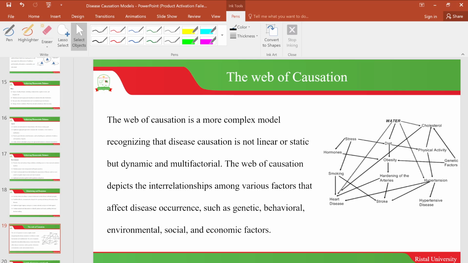Okay, the web of causation recognizes that the cause of a particular disease is not linear. It involves an interaction of different factors in ways that you can actually fail to imagine. So, for example, if a person is to have heart disease, the heart disease can emanate from the diet, okay? But the diet is influenced.